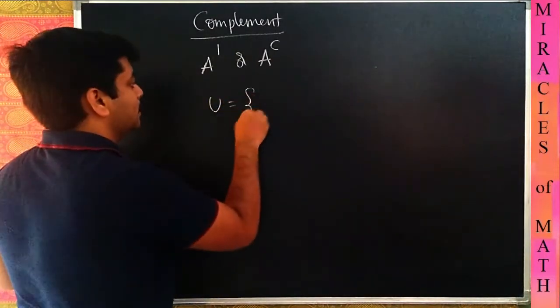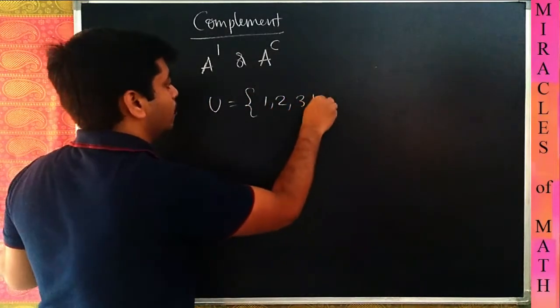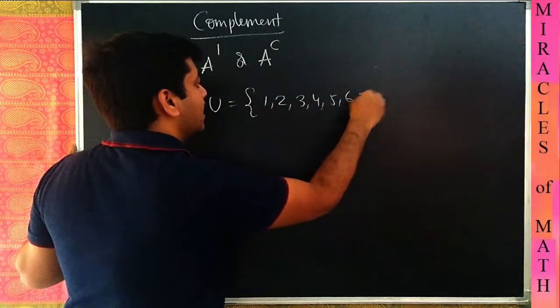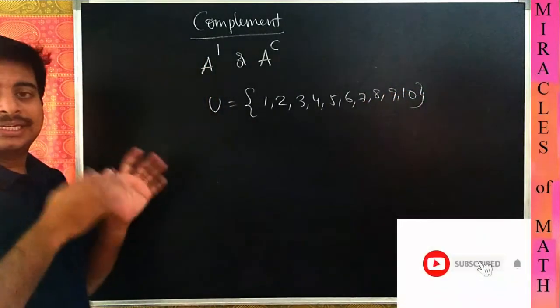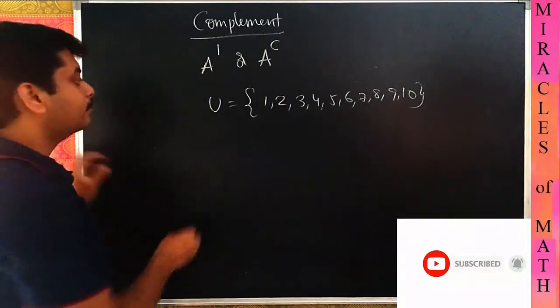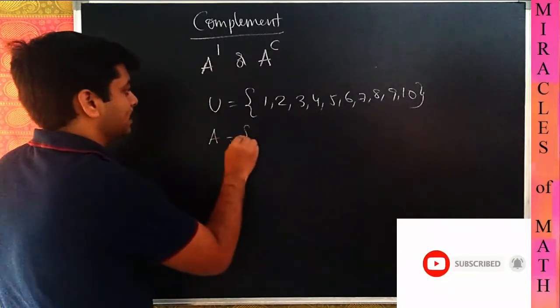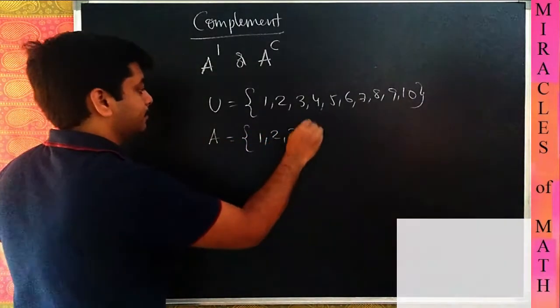Let us consider the universal set {1, 2, 3, 4, 5, 6, 7, 8, 9, 10}, the first 10 natural numbers, that is the parent set that we are talking about, and A be the set {1, 2, 3}.